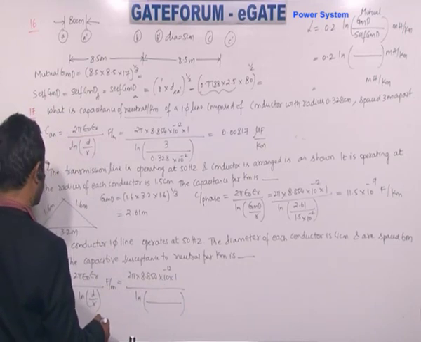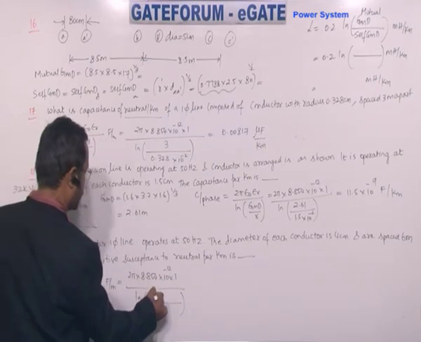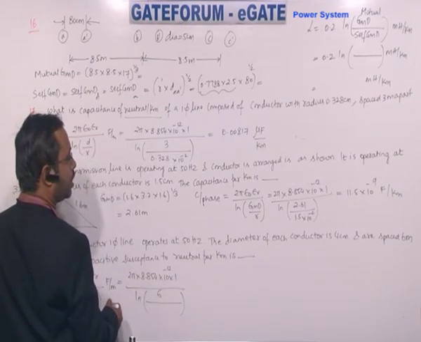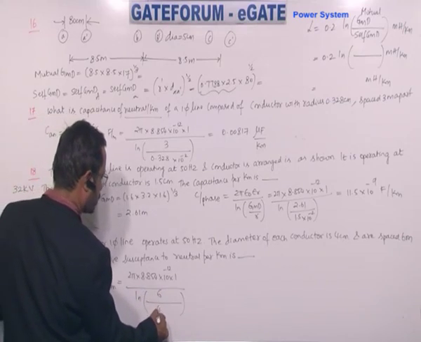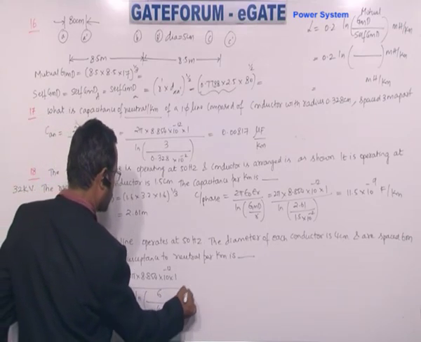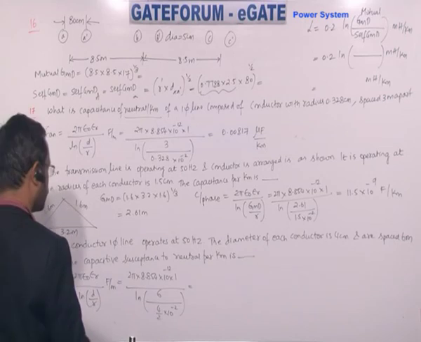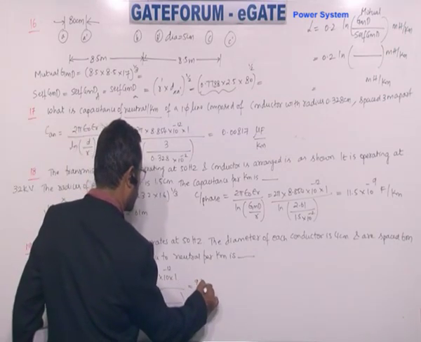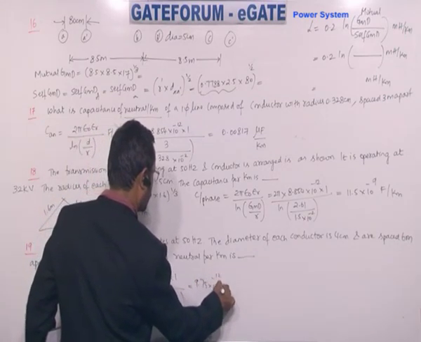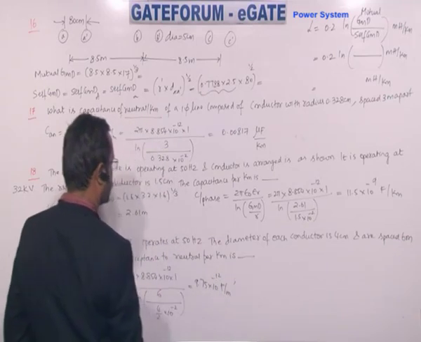What is the spacing now? 6 meters. R how much? 4 centimeters. Calculate, you find the capacitance here. So you get 9.75 10 power minus 12 farads per meter.